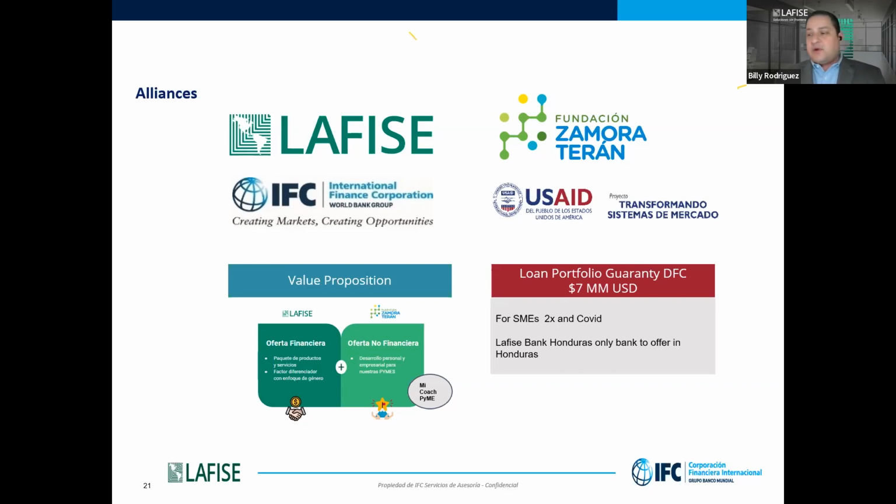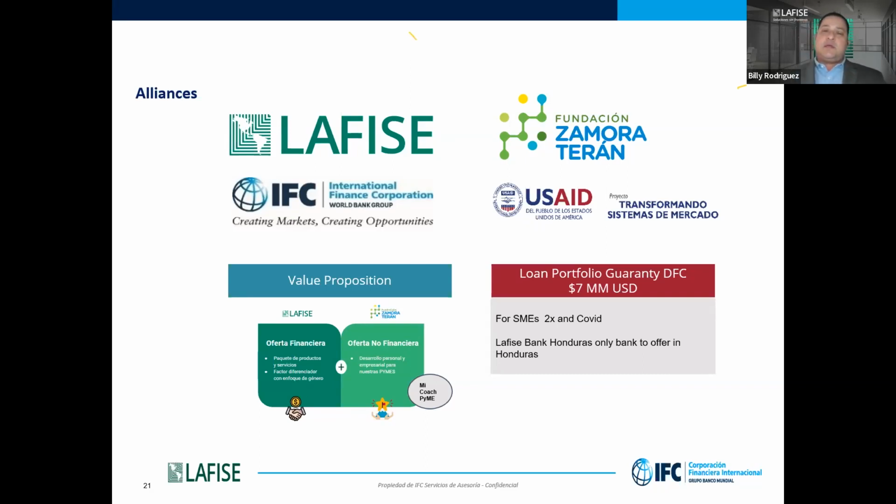We have Fundación Zamora Terán, which developed our non-financial diagnostic tool for the SMEs, and then USAID as well, coming in for the value proposition. Also, one of the key components here is the partnership with DFC. One of the biggest challenges when you're an SME and you're new in the market is having those collaterals, and depending on the market that you're working in, there is a lack of collaterals.